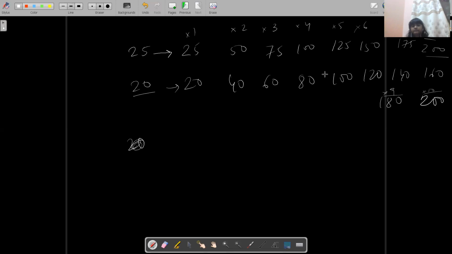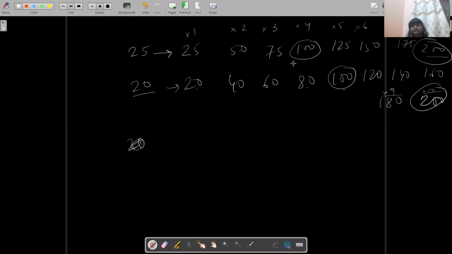Now tell me, which are the common ones? 25, 20, not common. 50, 40, not common. 75, 60, 80, they are not common. But 100, 100, they are common. Again, 200, 200, they are common.